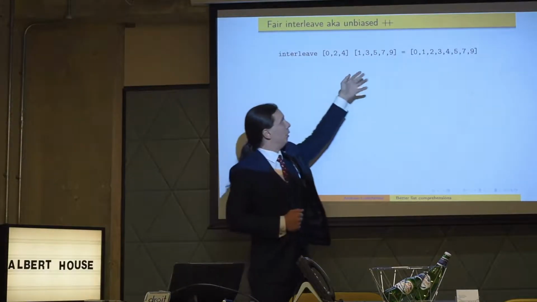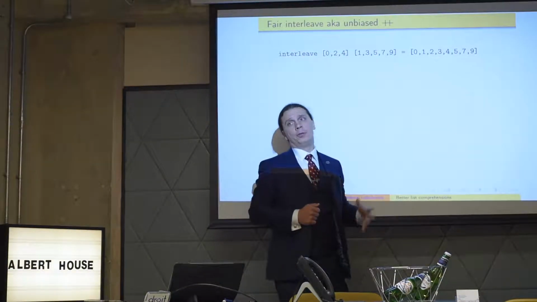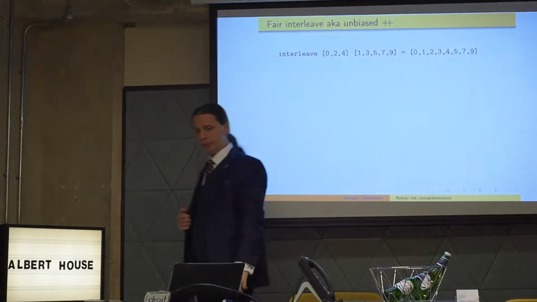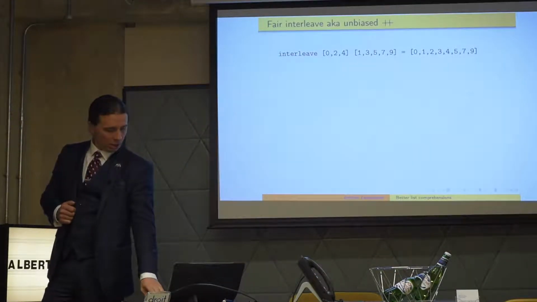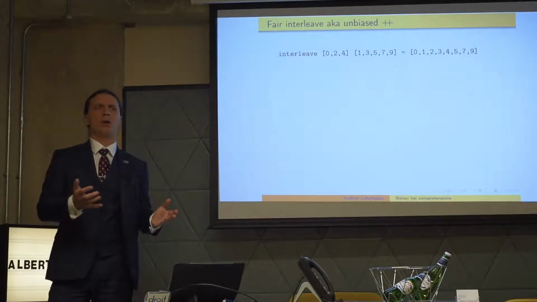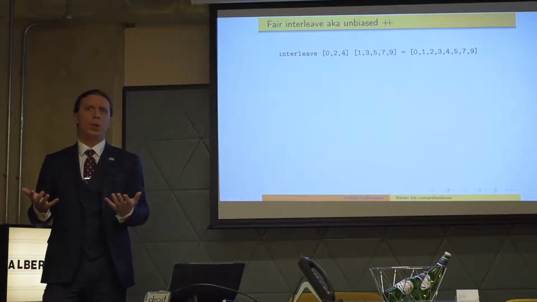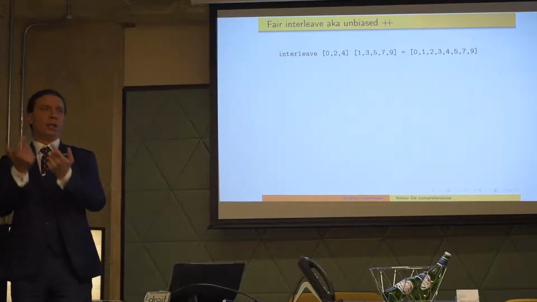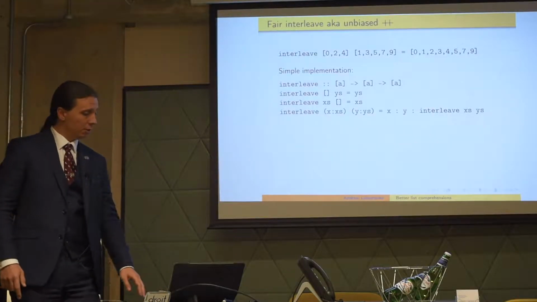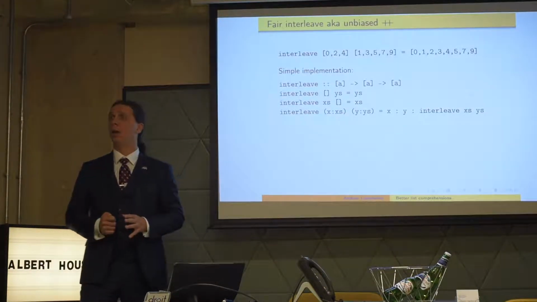If they are of different lengths, it will just put the tail of the longer list as the tail of the result. As I described it, if any argument is empty, then just return the second argument, and if both are non-empty, then take heads and return them and go on with the recursive step. This is a simple implementation, nothing fancy at all.